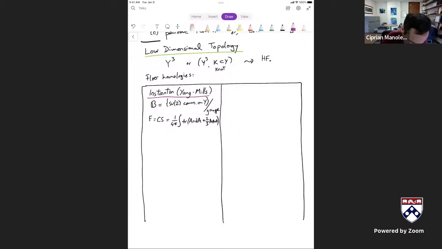Okay, that's one version. Now there is something that it is equal to. There is an alternate construction of this from symplectic geometry. So symplectic instanton homology.